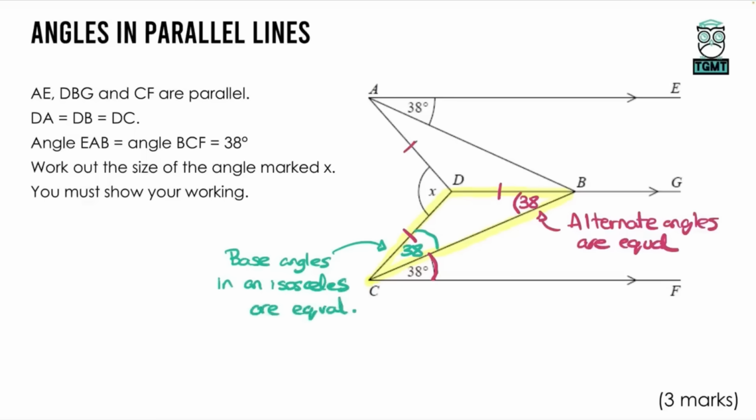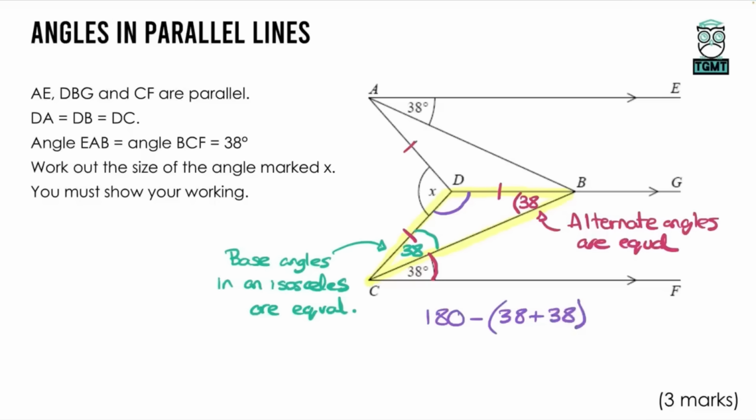We can now find the top angle within the triangle, so this one just here, because angles in a triangle add up to 180. So we can do 180, and again it does say you must show your working, take away, and then we have the two 38s, so 38 plus 38, you could work that out and then take it away from 180.